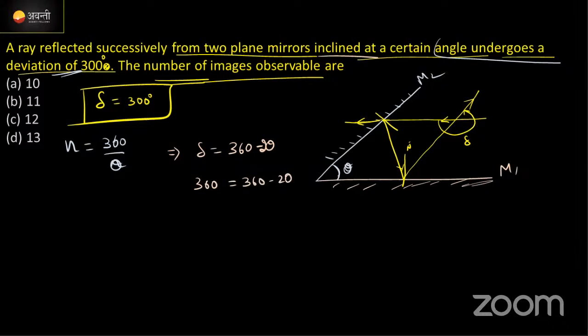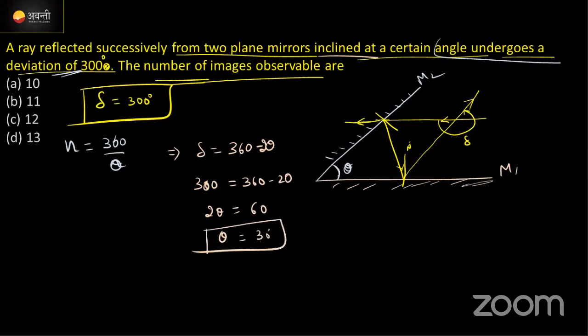Take 2 times theta to the left hand side and 300 to the right hand side. Then 2 times theta is equal to 360 minus 300. How much is that, guys? 360 minus 300 is 60 degrees, which means theta will become 30 degrees.